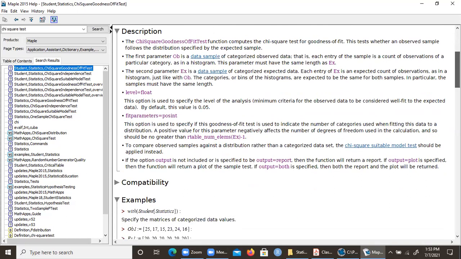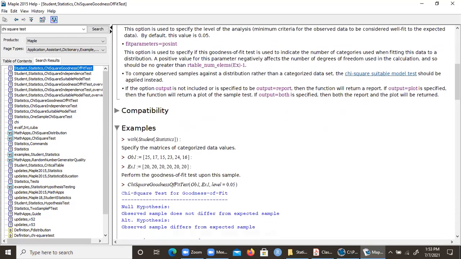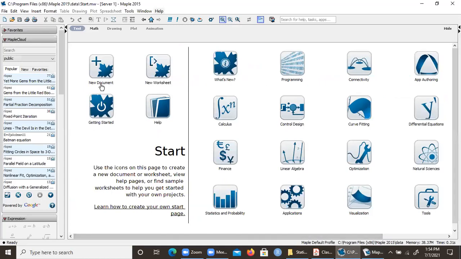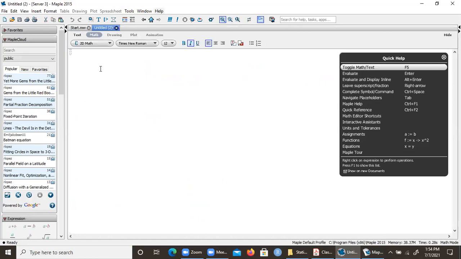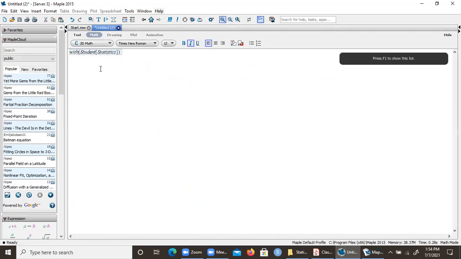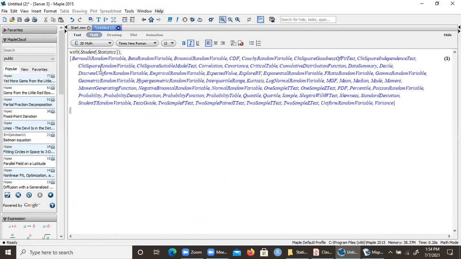Once you get this knowledge from here, we have to copy this command from here, go back to this window and open a new document. I'm going to paste the command over here, put a semicolon and then enter. Now your entire testing package is activated.